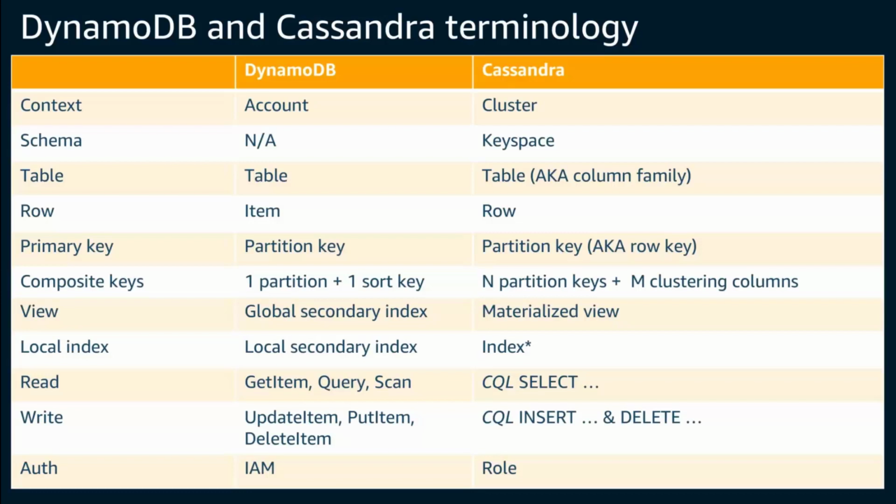Compare this with Cassandra. With Cassandra, you've got a cluster. A cluster is like a group of servers that work together. So Dynamo is more like a software as a service. You see that in our read and write APIs. Those are almost like REST operations: get item, update item, put item. And compare that with a more familiar SQL syntax that something like Cassandra has. There's a lot in common.